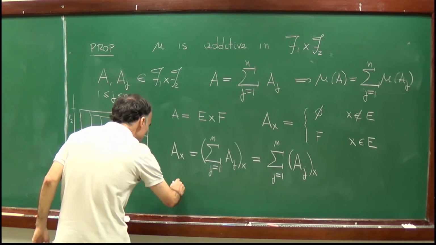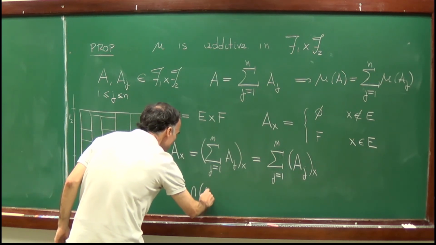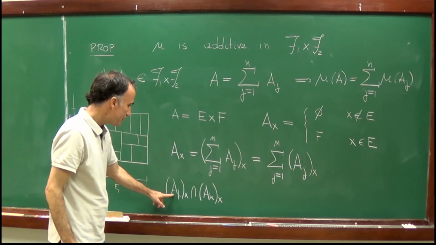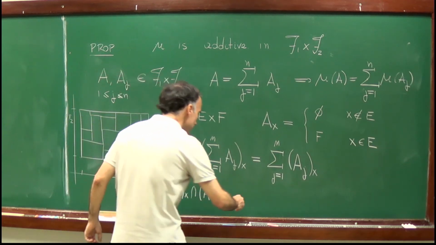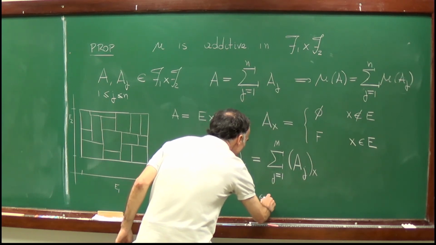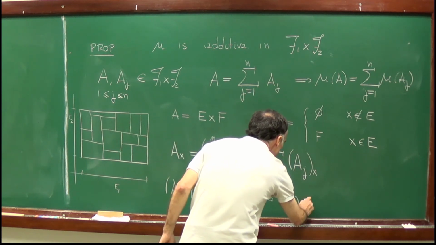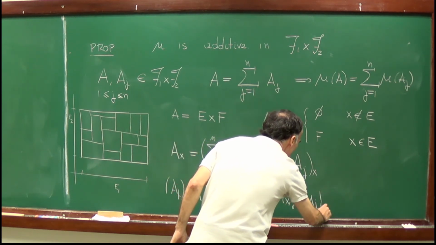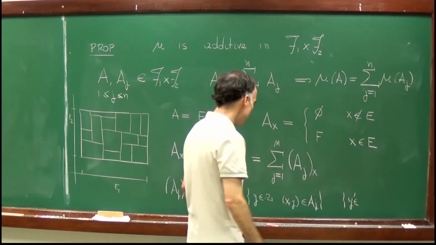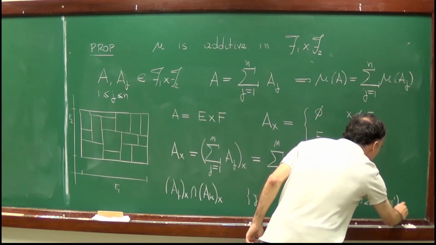So I have to prove that AJx intersection AKx is empty. But what is the first set? The first set is all points y in omega 2 such that xy belongs to AJ. And the second set are all points y', let's say, in omega 2 such that xy' belongs to AK.